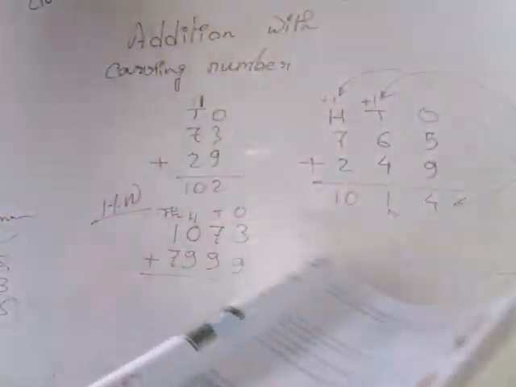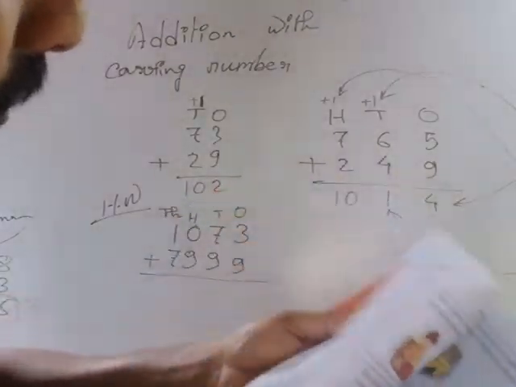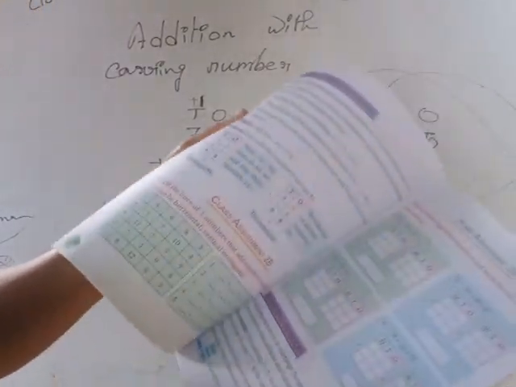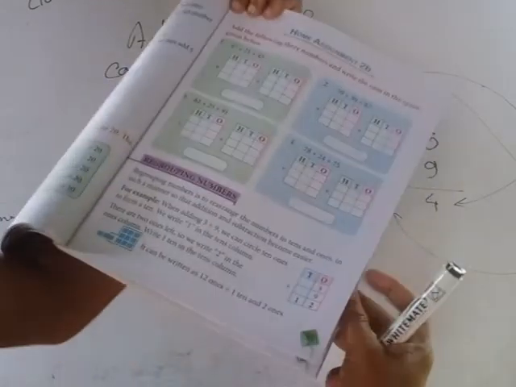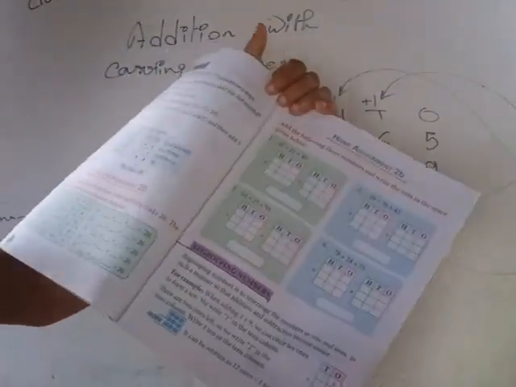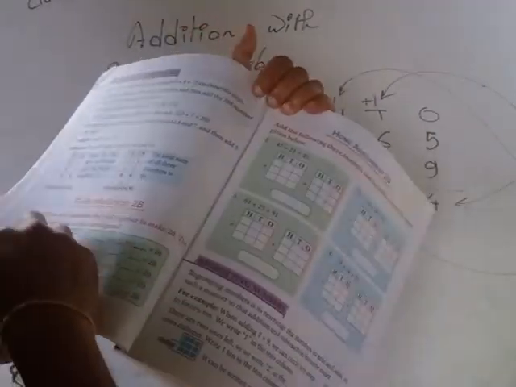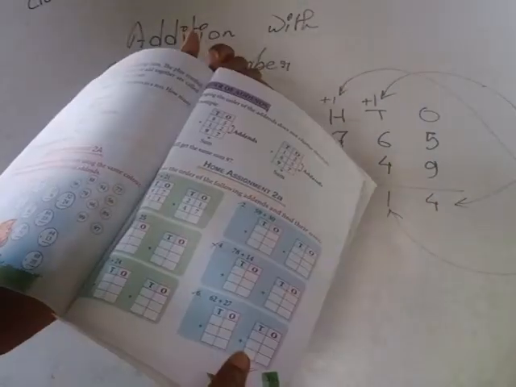You should add the numbers. These are your homework. I will give you homework for the next class. This one is already crossed, so you should do this because it is with the carrying number.